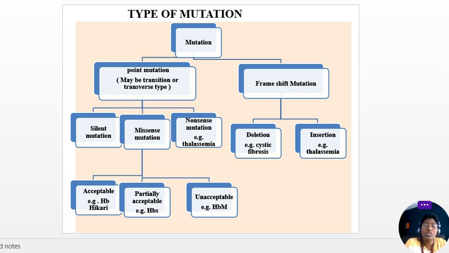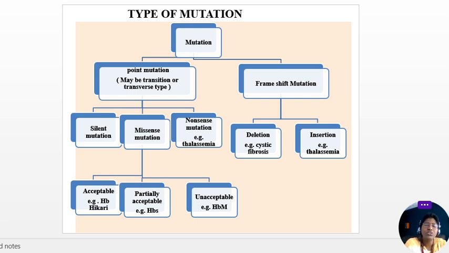In this mutation, if one new nucleotide is inserted, or one of the nucleotides from the DNA is deleted, it totally changes the sequence of the nucleotides, and the total frame of the DNA gets changed. That is the frame shift mutation.